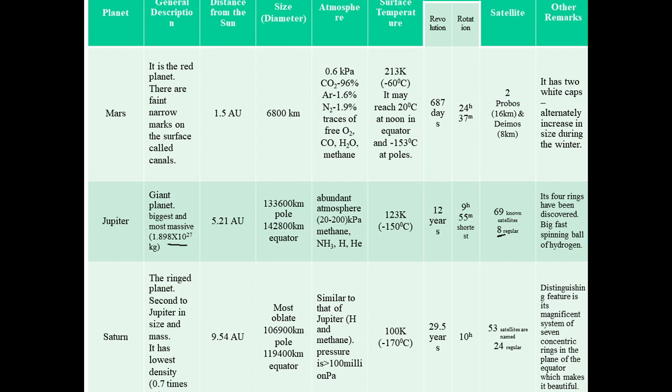So Jupiter is the giant planet whose mass exceeds the combined mass of all other planets, and which is a big fast spinning ball of hydrogen. It has the largest number of satellites, and it is also discovered that there are 4 rings for Jupiter.